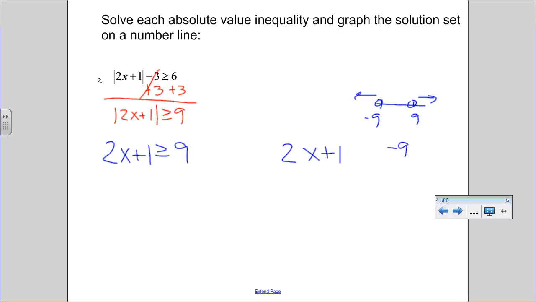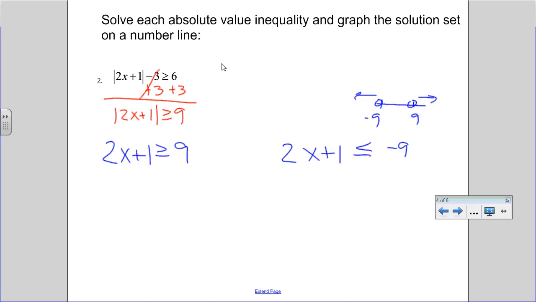What direction is our shading going in? So what way is my inequality going to point? To the left. You can think of it as, because it's a negative, our inequality has to reverse. Or you can just remember, absolute values have to go away from each other. They're always going to travel in opposite directions, so they have to be opposite inequalities.